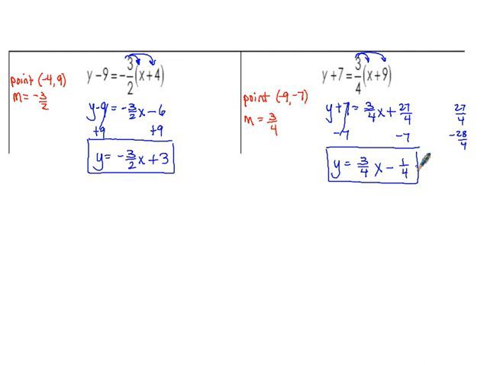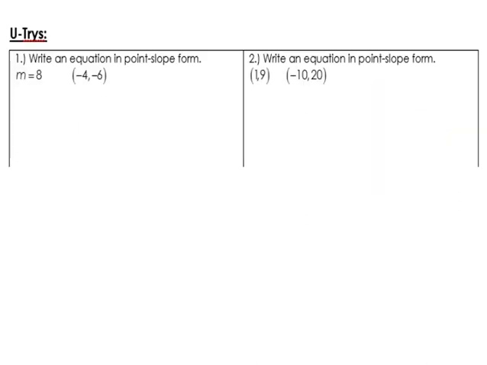So we're looking at 3 formats for your guided notes today. You've got 5 U tries at the bottom, where the first scenario is giving you an actual point and a slope, and you're just going to rewrite it in point slope form. Keep it simple. Number 2 was your second scenario, where the slope was not given and you have to determine the slope, and then use one of the original ordered pairs, finish it in point slope form.